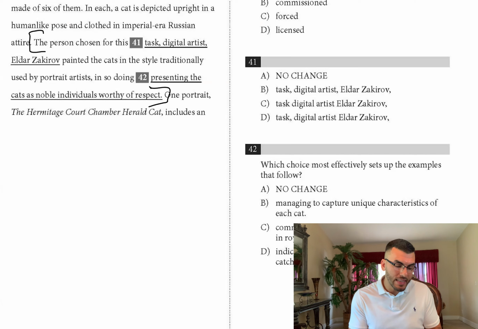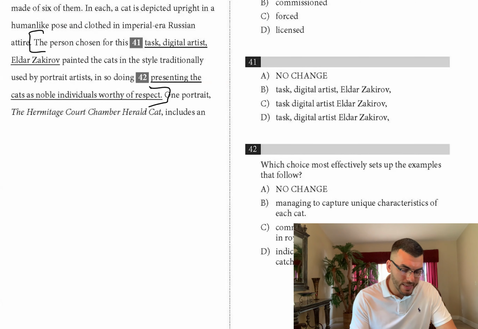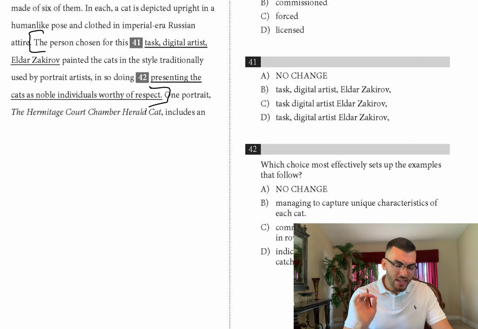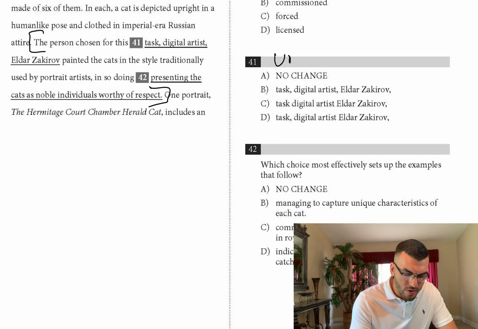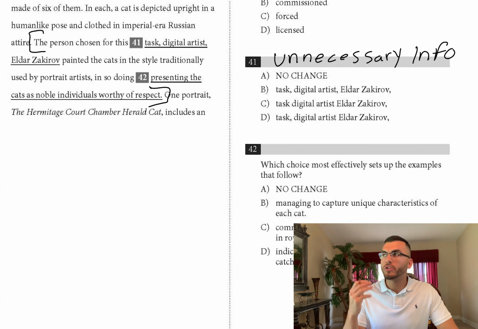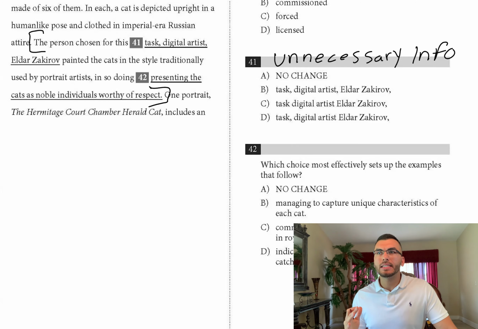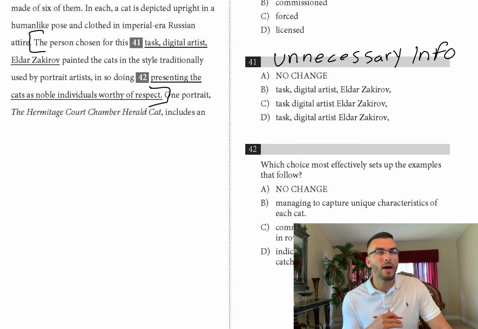And by reading the sentence, the person chosen for this task, digital artist Eldar Z, painted the cats. So it's definitely not a list. There's not a list of things going on here. So I know through the process of elimination that I'm dealing with unnecessary information, again because there's no colons, semicolons, or periods.